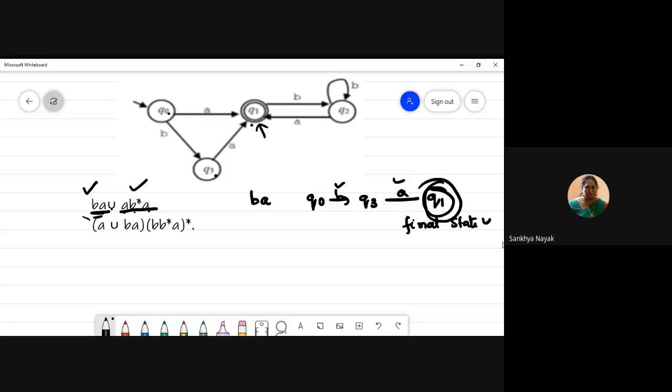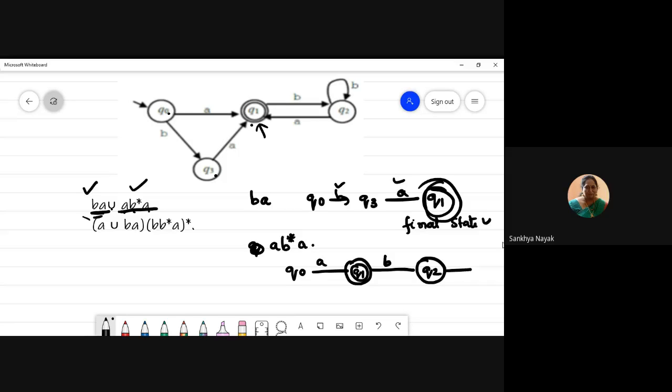You can see here from Q0, if I take AB star A, from Q0 on A will go to Q1, correct? And then B star means 0 or more B's, correct? So it can be any number of B's. So on B's it will go to Q2, right?